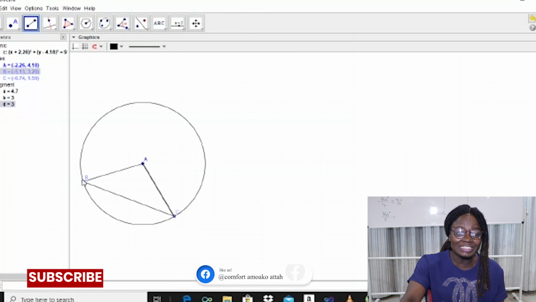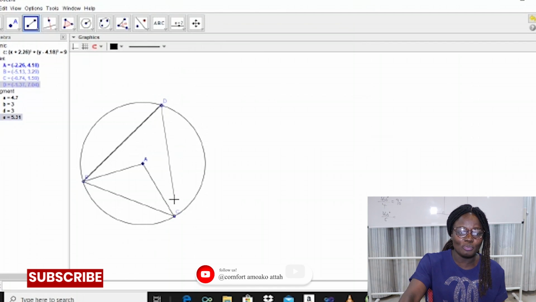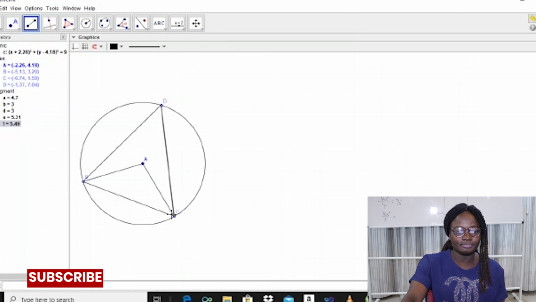So we extend this chord from point B to this place, that is point D. We stand on point D, click on it, and draw our line segment to meet point C.